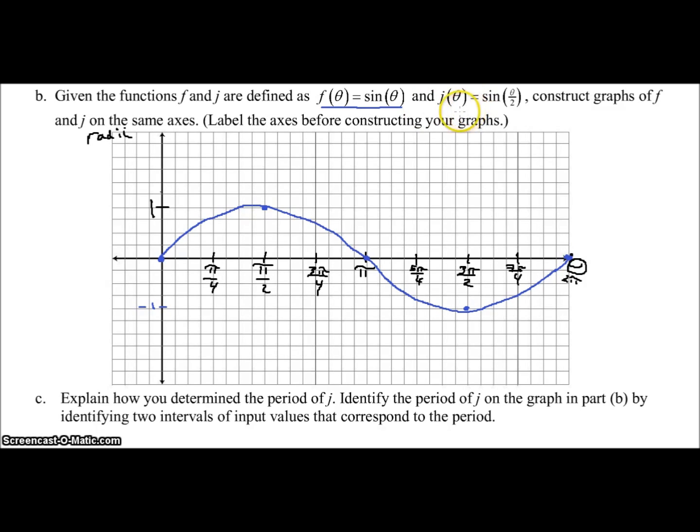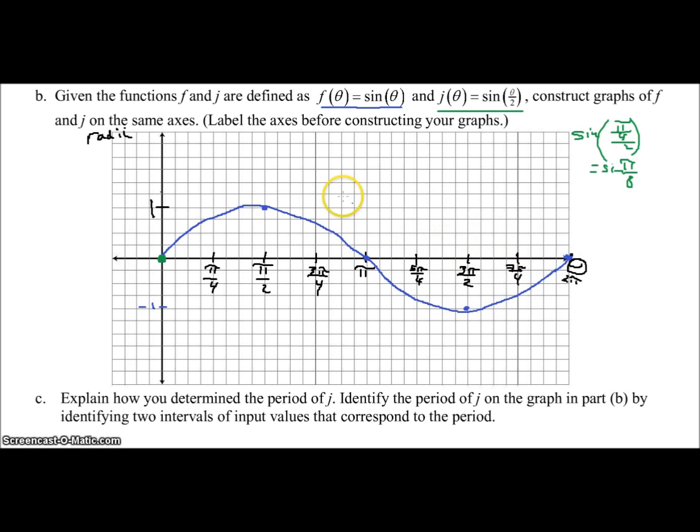Now, let me try j of theta equals sine of theta over 2. So it'll start at 0. Let's see, what happens at theta equals pi over 4? We get sine of pi over 8. So I didn't really mean to do this.